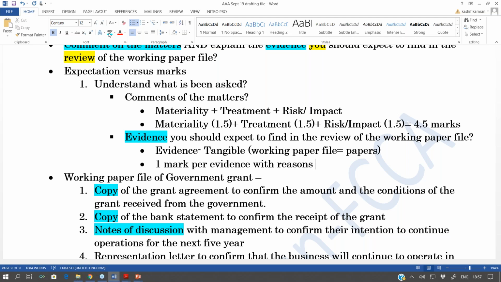So I have to write the reason after copy of the board minutes, or if I say results of recalculation, to confirm, I have to write the reason after. So is everyone clear on the marking scheme of comment on the matters? Comment on the matters, 4.5 marks. And is everyone clear on the marking scheme of evidence? 1 mark per evidence. So that is the structure, right? Which we need to go through.